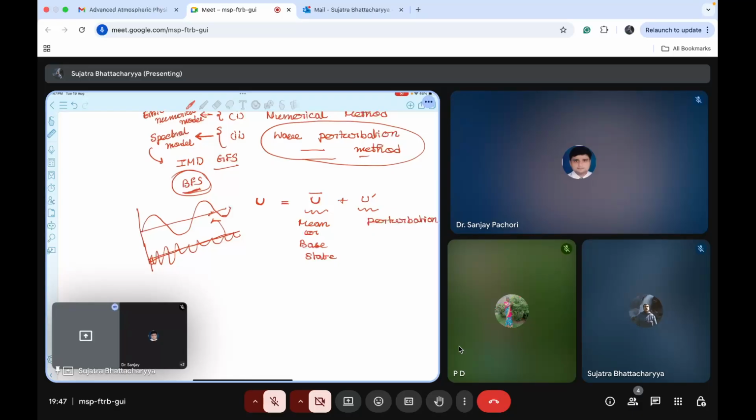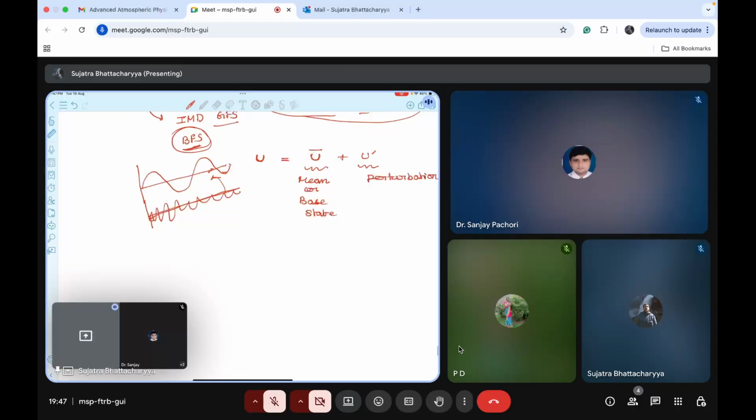Now, the perturbation method has a few conditions. One is that perturbations are always less than the mean state or base state, and not only less, they are much less.